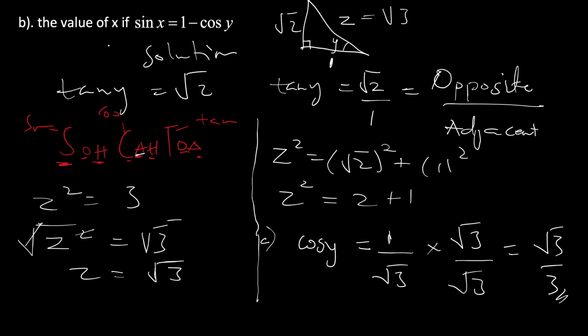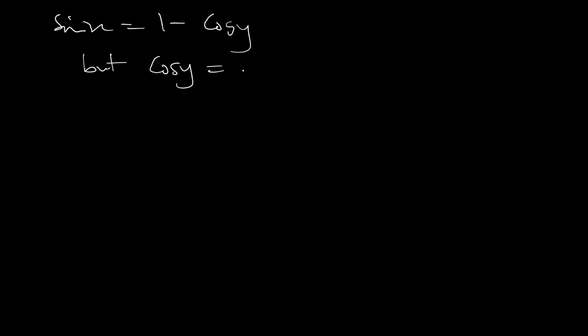Now moving on to B, it says find the value of x if sine x is equal to 1 minus cos y. But our cos y is equal to root 3 over 3. So our sine x will be equal to 1 minus root 3 over 3.